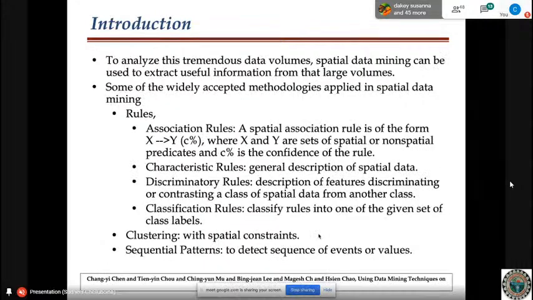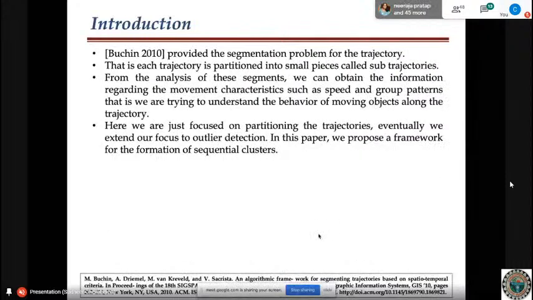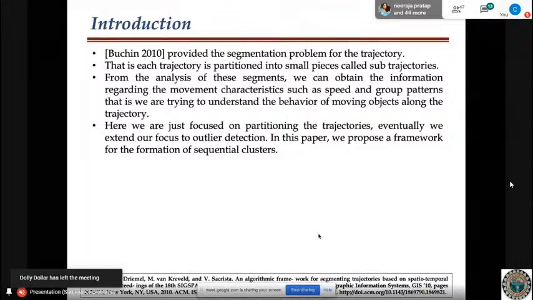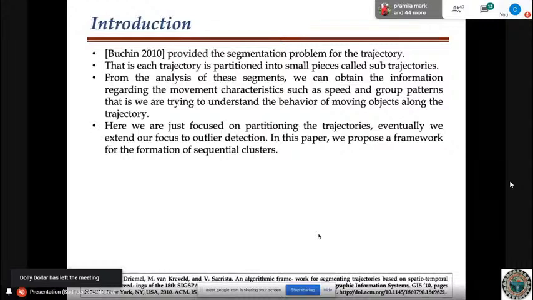As I explained, you can go over spatial data mining, and it can be easily understandable. This is some of the history work. See, a trajectory is a long road, right? We can't analyze the whole trajectory at a time.